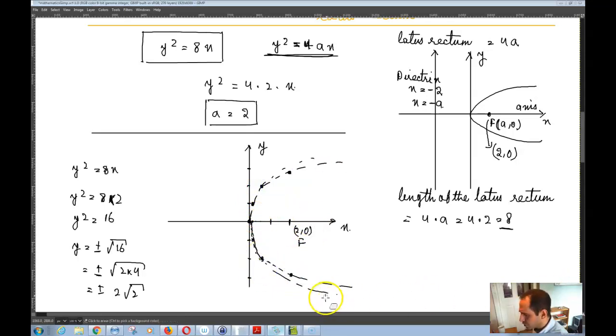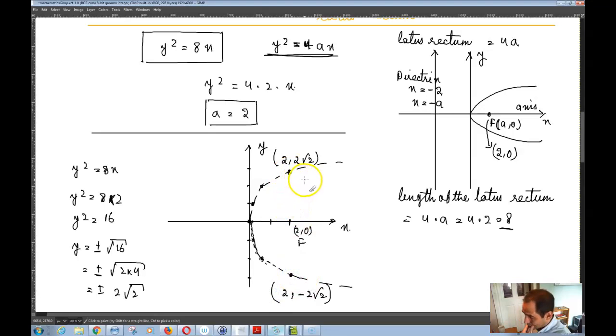So this point over here is x is equal to 2 and y is equal to 2 square root of 2, and this point over here is x is equal to 2, y is equal to negative 2 square root of 2. This point and this point.